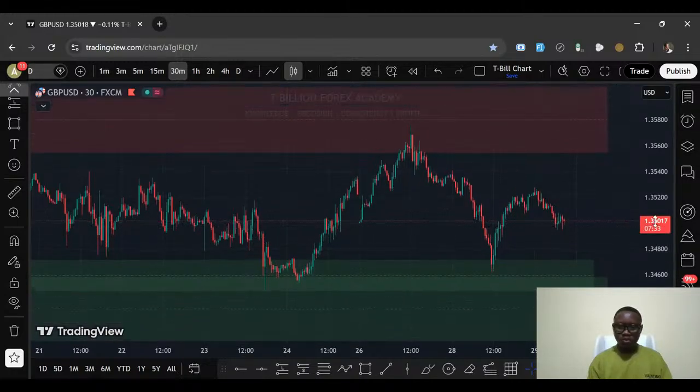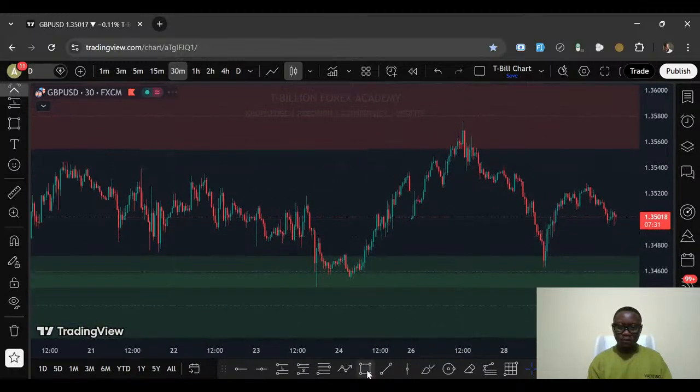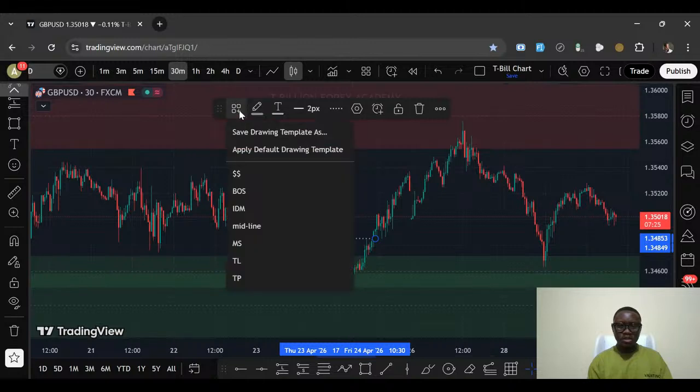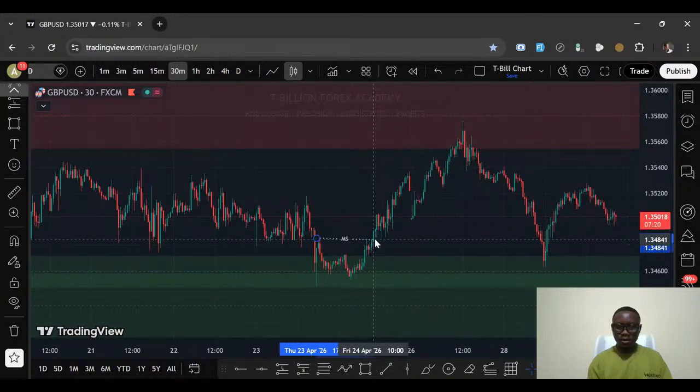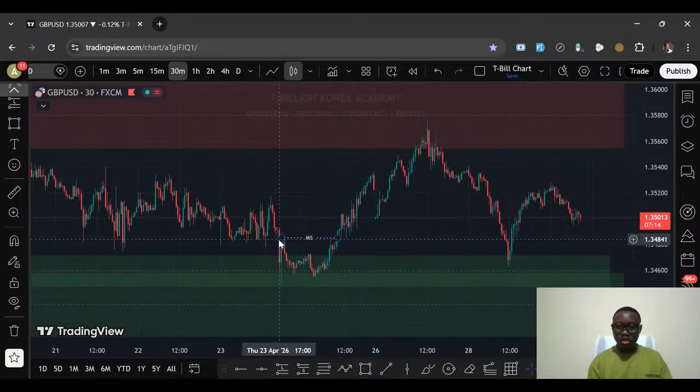So this is where we got our market shift at the 4H POI. So we got our market structure shift right here, MS. Sometimes if the structure is not pretty clear on the 1H time frame, you might want to drill down to the 30-minute time frame for a clearer structure.